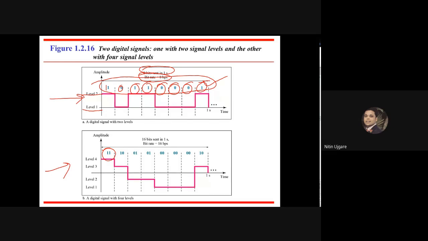So at every cycle of this digital signal, we have sent 2 bits, and that's the reason in 1 second we can send 16 bits if your digital signal has 4 levels. Because it sends 16 bits in 1 second, its bit rate is calculated as 16 bits per second.